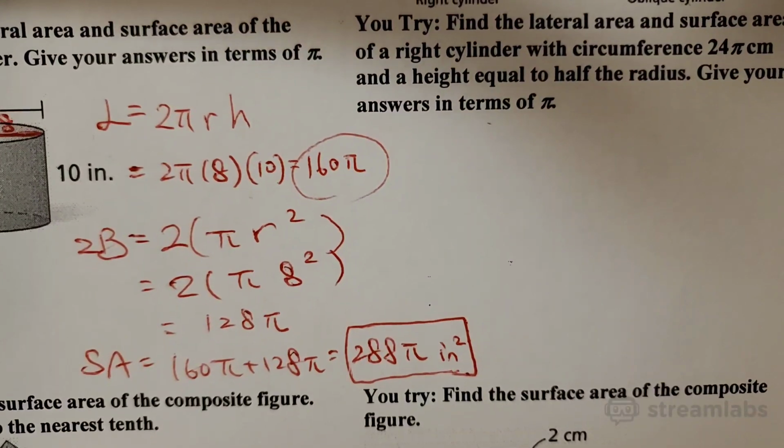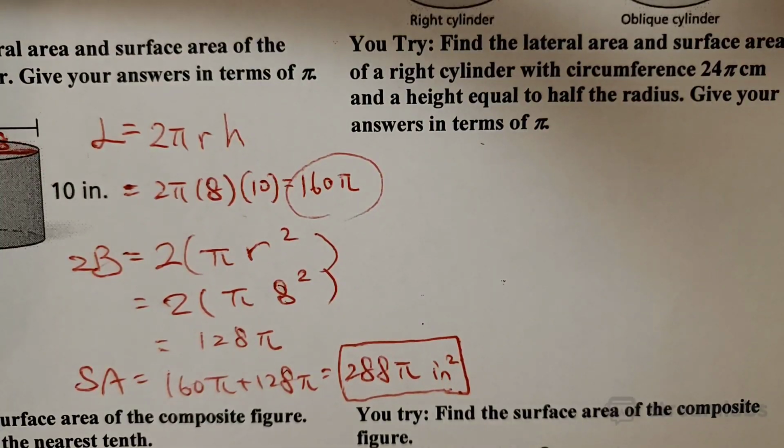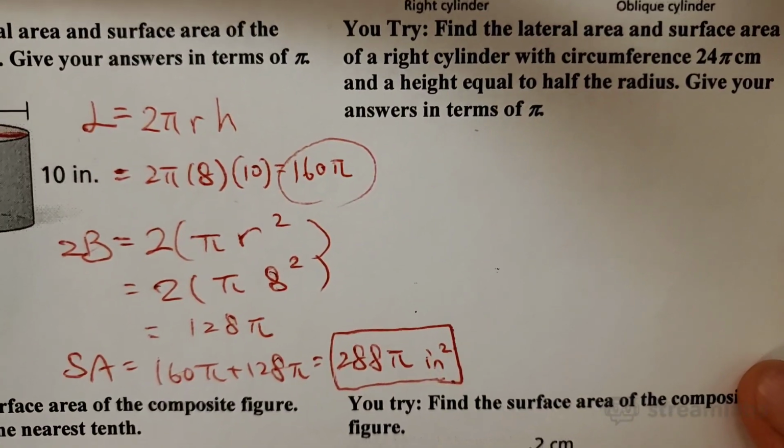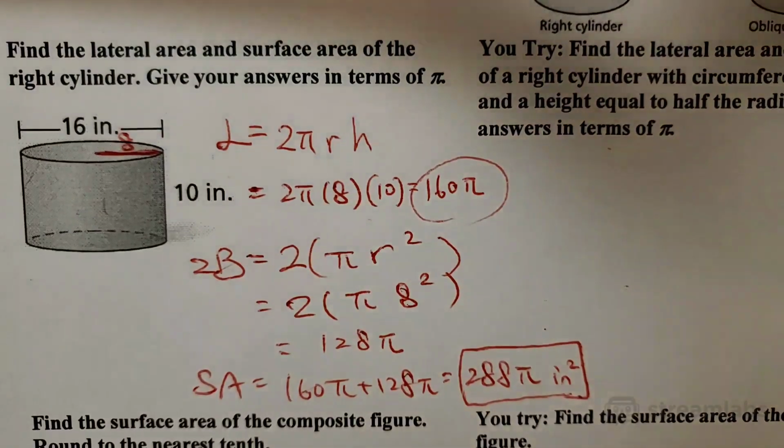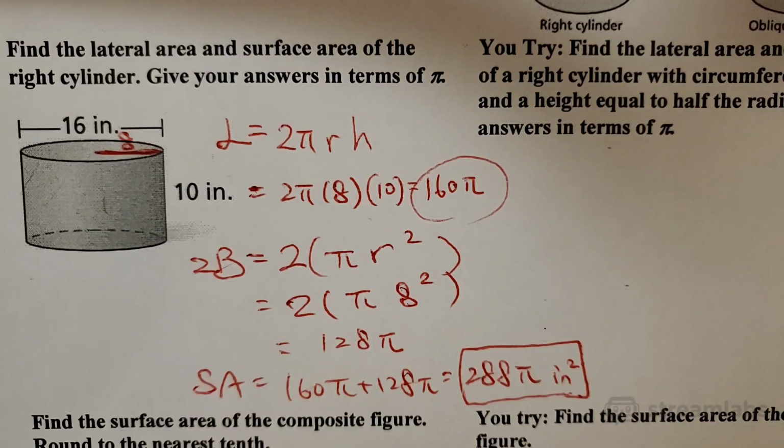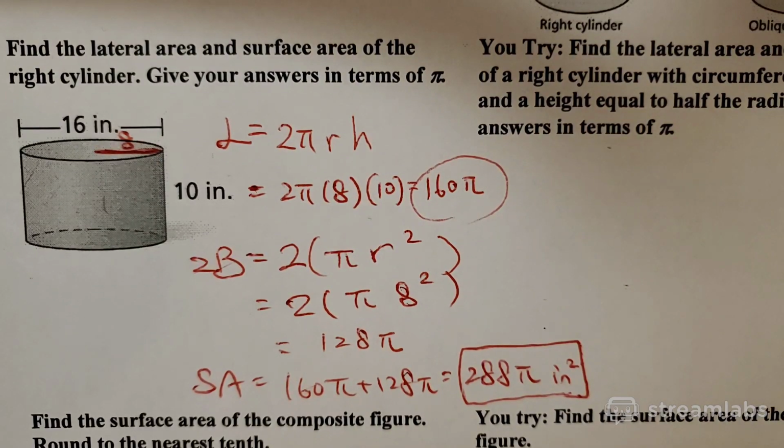How are we doing? Can I get a comfort level from 1 to 10? How do we feel about this? 1 to 10. Any quick questions that you might have? Type a number for me so I understand if you get it or not.